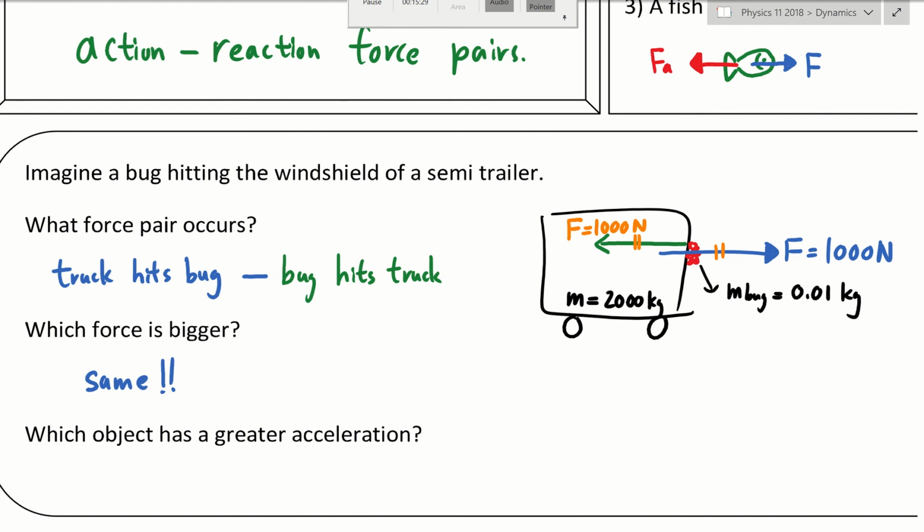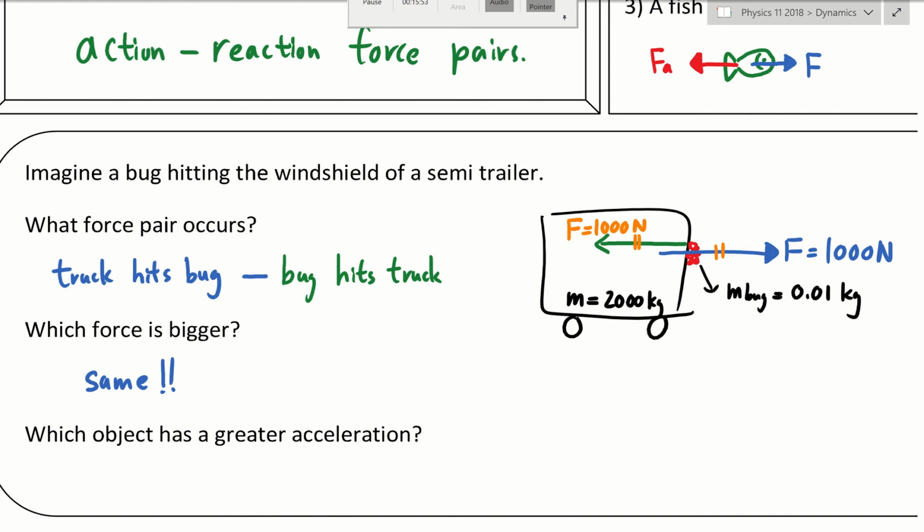Now, if the bug is lucky enough, it will just bounce off the car. If it's unlucky enough, it will actually just get crushed on the window, right? So let's assume that the bug is lucky enough that it just bounces off the car. So I mean, this is logic, right? That's what usually happens. The car barely slows down, and the bug bounces off completely.